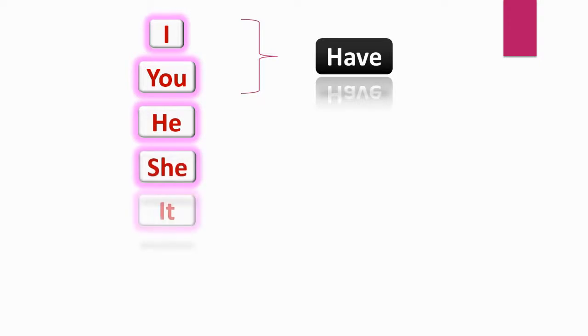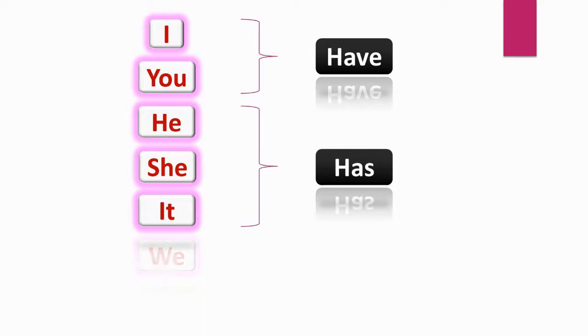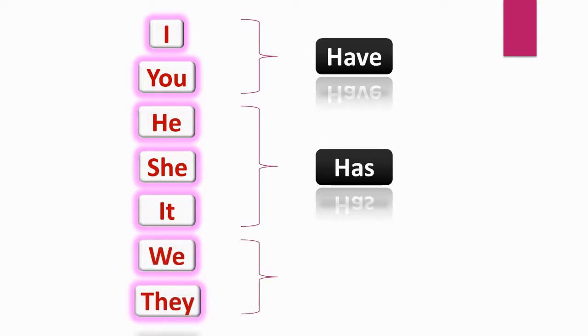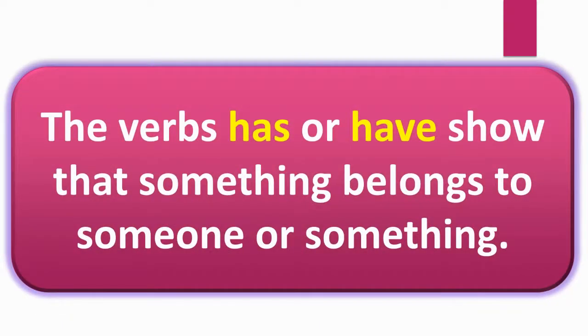He, she, it, we will use has. And the pronoun we and they, we will use have. Children, I hope so you all have understood the use of have and has. So, the verbs have, has show that something belongs to someone or something.